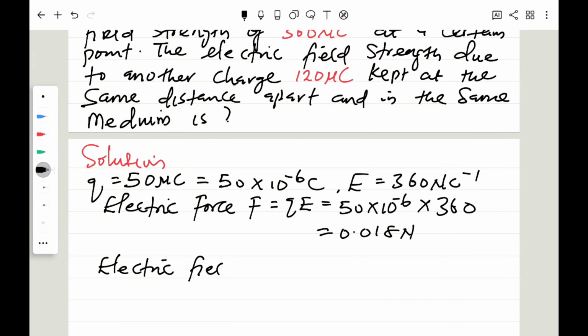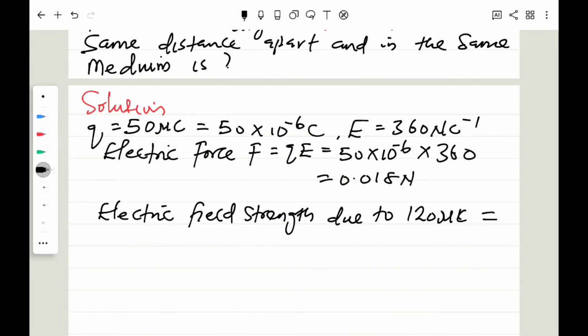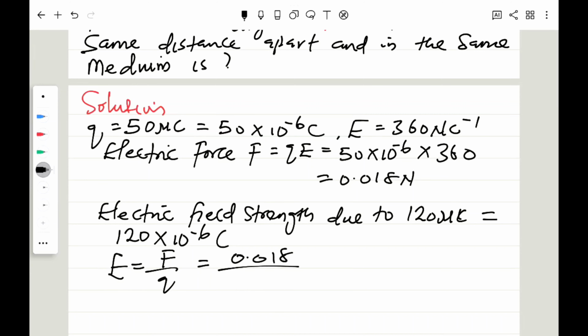So electric field strength, which is E, due to the 120 microcoulomb will give us 120 times 10 raised to minus 6 coulomb if we are converting the micro there. So E is equal to F over Q and is equal to 0.018 divided by 120 times 10 raised to minus 6 and is equal to 150 Newton per coulomb. That gives us our final answer. Next question.